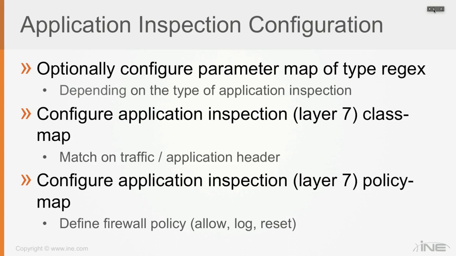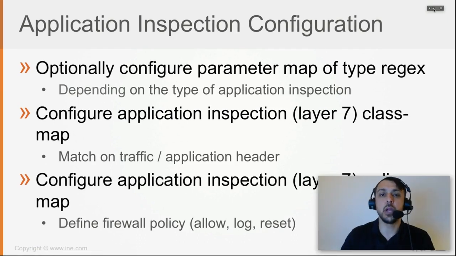If I see traffic matching my rule, what is the firewall policy? And the options are allow, log, or reset.